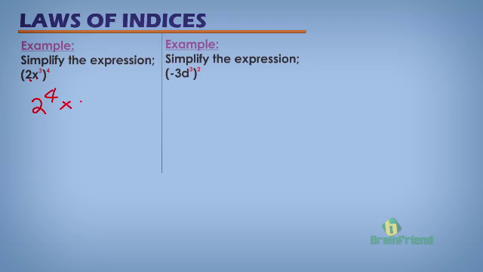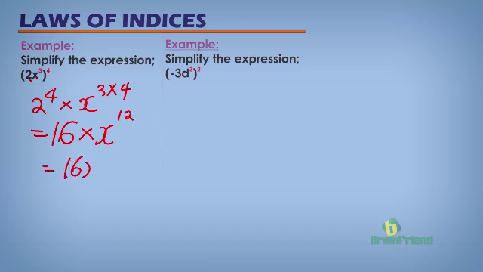Multiplied by x raised to power 3 times 4. So this would give us 2 times 2 times 2 times 2, which would be 16, times x raised to power 12. So our answer would be 16x raised to power 12.